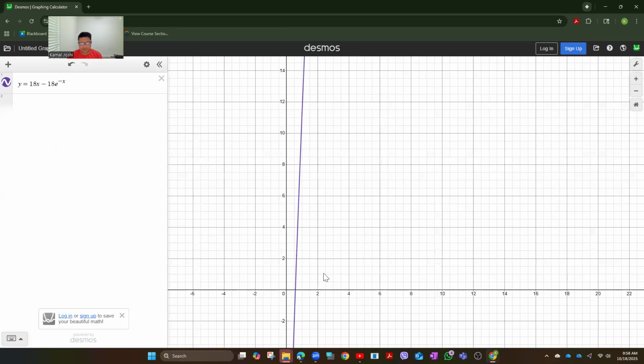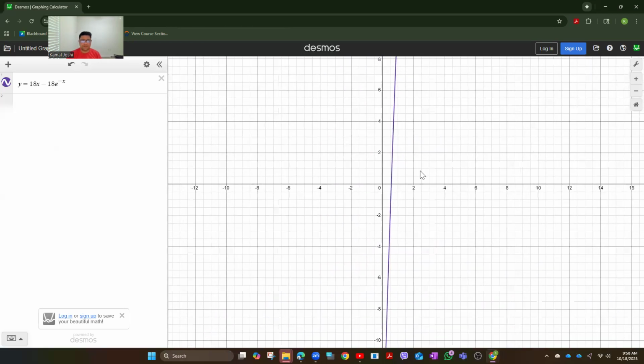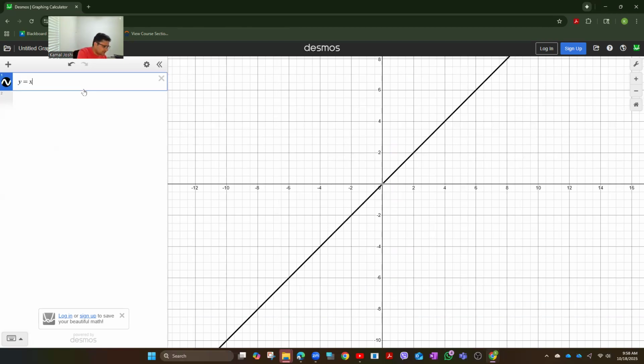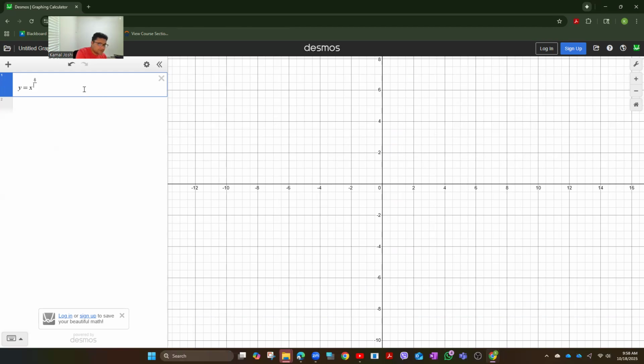I have to go back to normal scale. Okay, this is the normal scale. And let me graph it. y equals x to the 8 over 3 minus 4 times x to the 5 over 3.